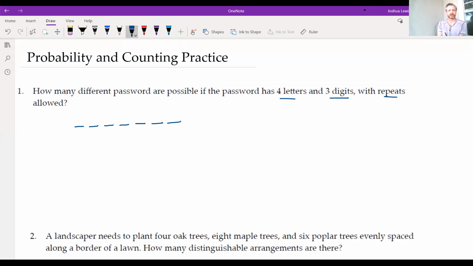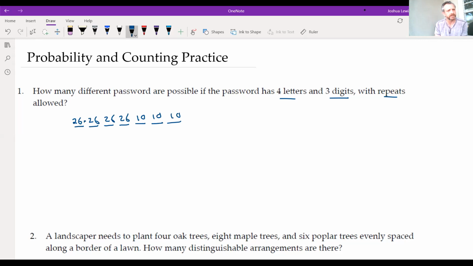The number of ways that all 7 of these things can occur is the number of ways they can occur individually, all multiplied. It's that product. So 4 letters, well, we're assuming the English alphabet, so there are 26 choices. Repeats are allowed, so every time we pick a letter, because we're going to have 4 letters followed by 3 digits, you have 26 options. And then digits, there are 10 possible digits, 0 through 9.